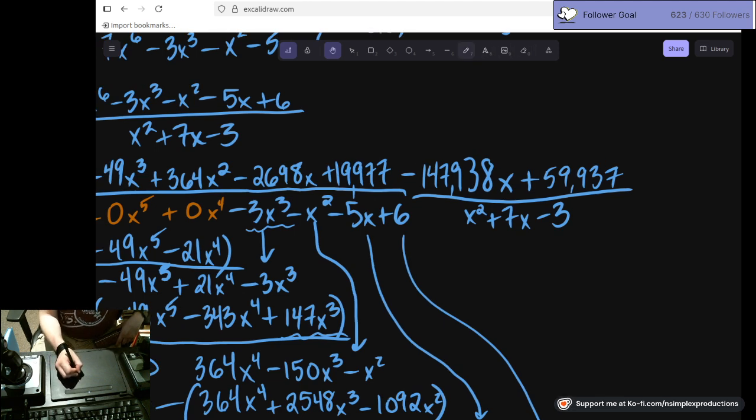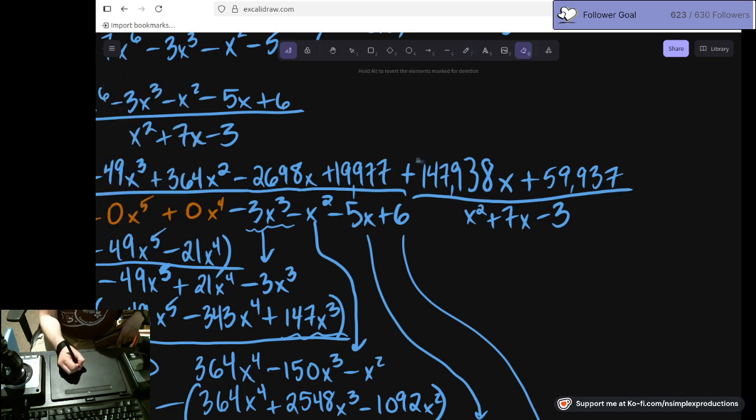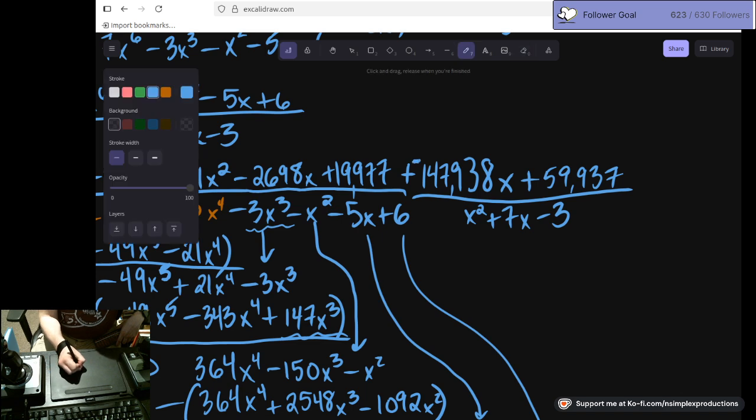Okay, so realistically, this should either be a plus this fraction with the negative on the 147,938 explicitly, or we could make it a minus the whole fraction with this positive number first and that negative number second: 59,937 minus 147,938x over x squared plus 7x minus 3.